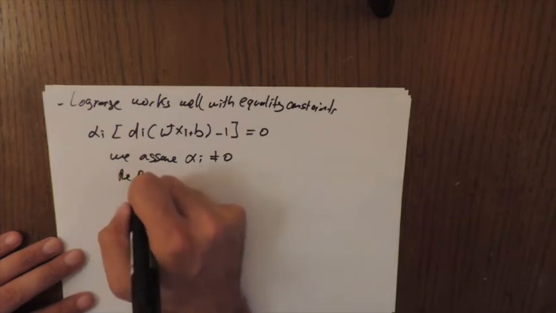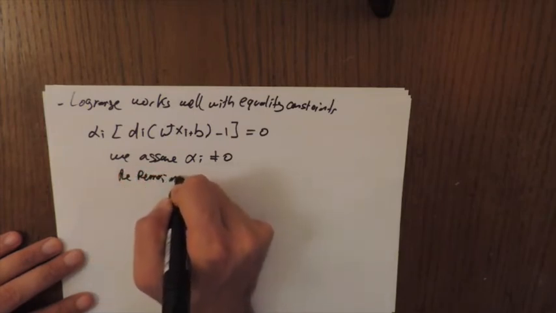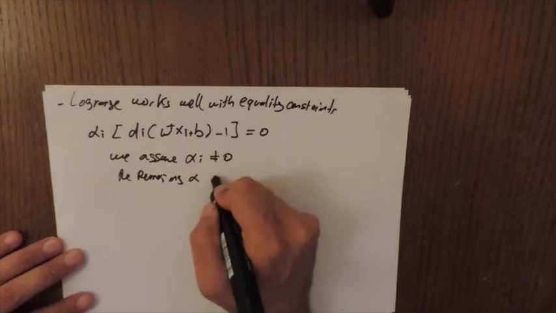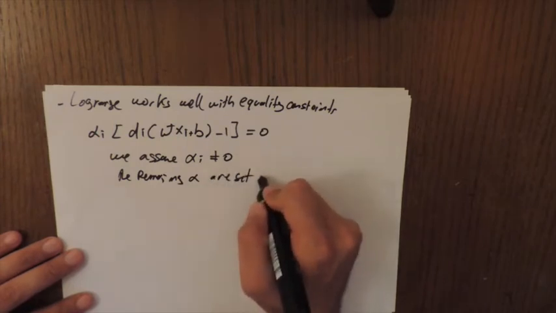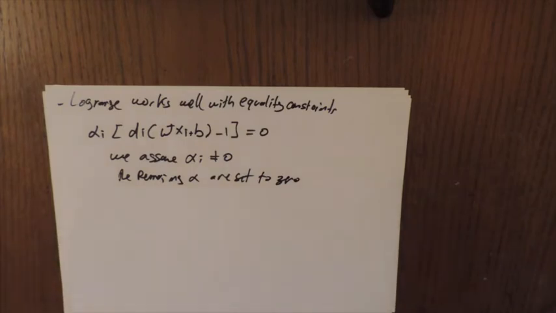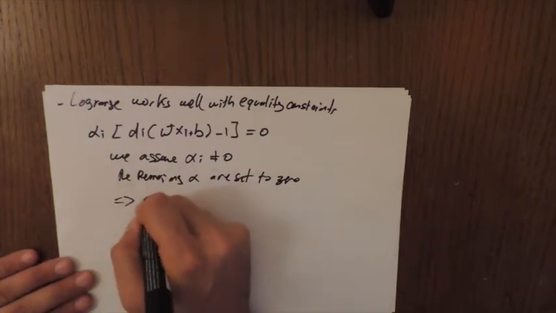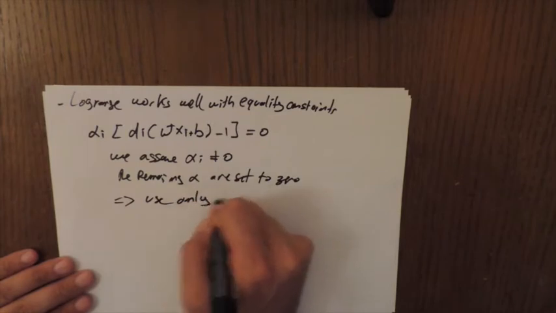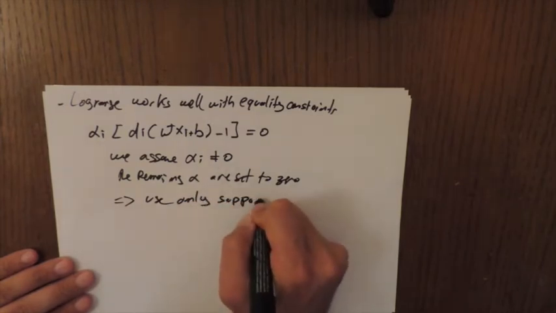The remaining alphas are set to 0. In this case, I only take the conditions which satisfy the above equality, and in this case we have the alpha I relating to the support vectors. So this implies use only support vectors.